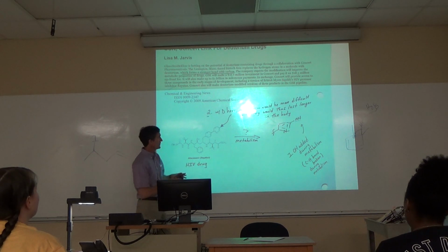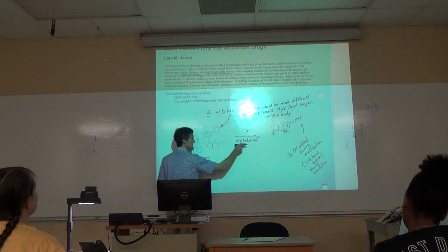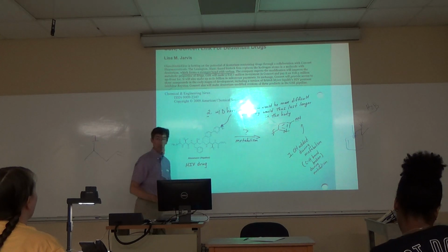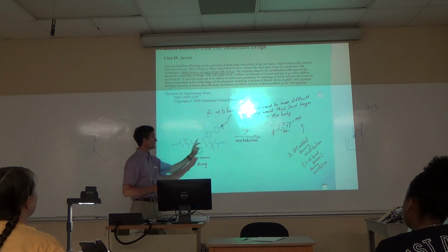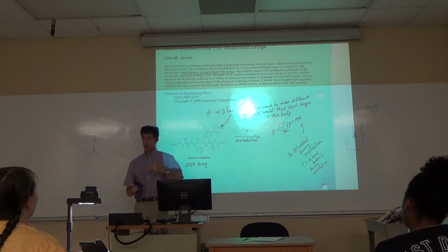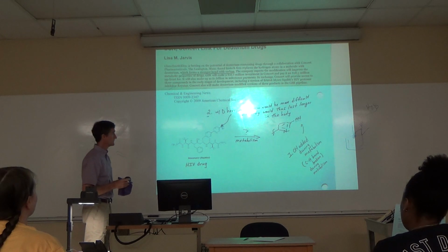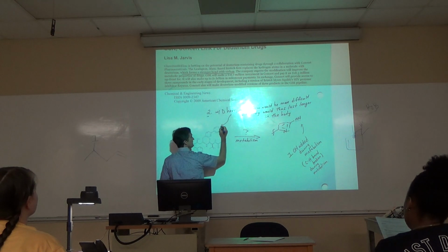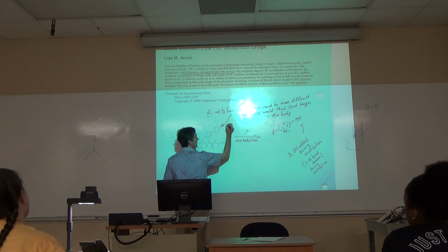To make the drug last longer, we'd like to inhibit this metabolism. One way drug companies are finding they can inhibit metabolism is changing this to the D and making this bond stronger. Now it's more difficult to metabolize, assuming that the CD bond is broken in some rate-determining step of the metabolism. It used to be they would put something here like an F, which is a strong bond, or chlorine.